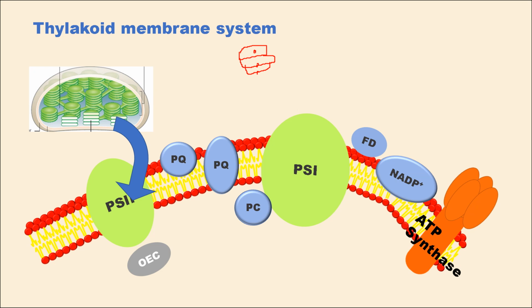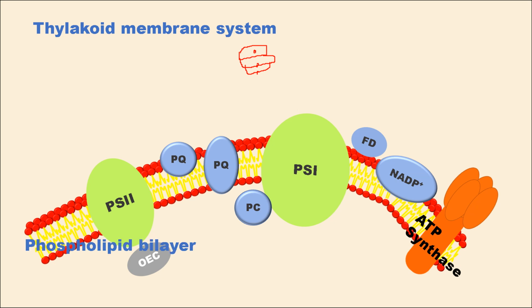If we look at the membrane itself, it has a phospholipid bilayer similar to the surface membrane of the chloroplast. The thylakoid membrane also contains photosystem 1 and photosystem 2 where the chlorophyll pigments are attached.